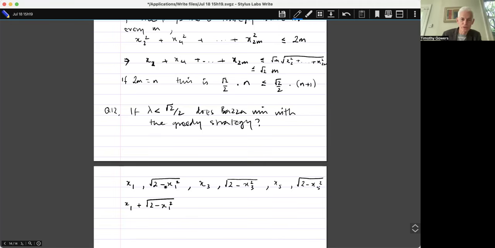So we're in okay shape here. The sum of the first two things is going to be greater than root 2, with equality only if x1 equals 0, because x1 can't be up to the square root of 2.